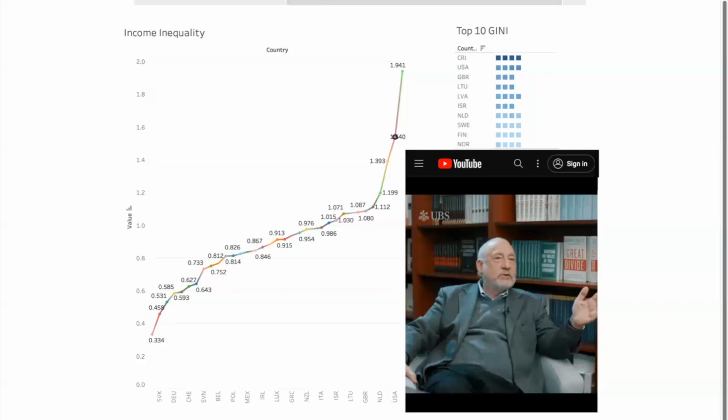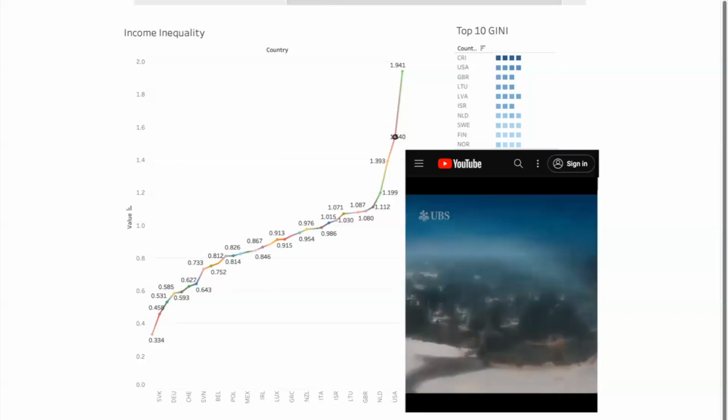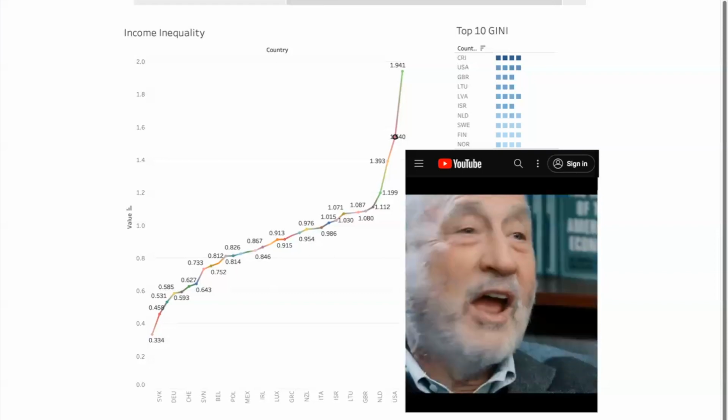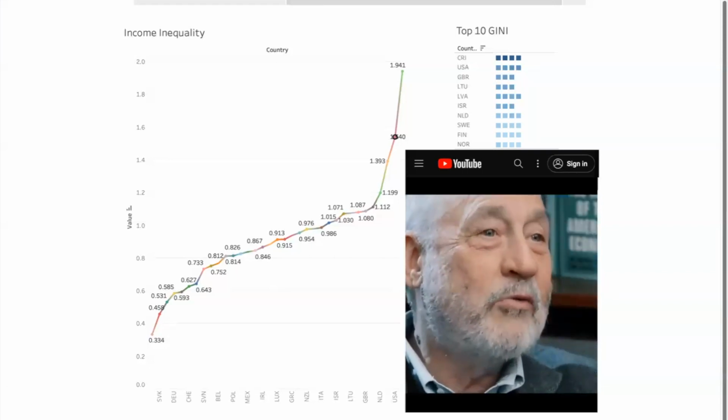There's been an increase in intergenerational transmission of advantage, which is another way of saying that the children of the rich have a lot of advantages over the rest.